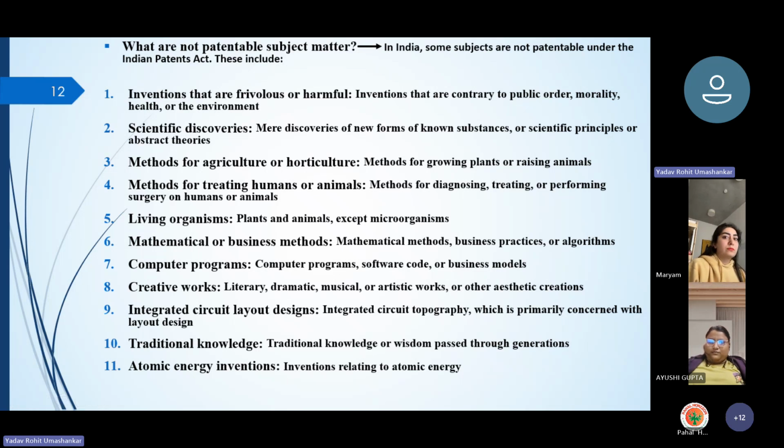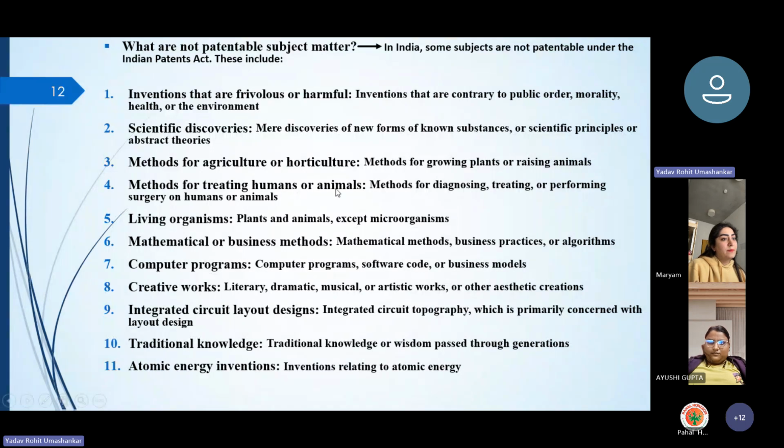So as I mentioned, if you are working on some kind of microorganism and you discover it, that doesn't fall under the patentable subject matter. Methods for agriculture or horticulture, methods for growing plants or raising animals, different methods. For example, beekeeping, horticulture, or pisciculture, like fish keeping, these different methods do not fall under the patent subject matter.